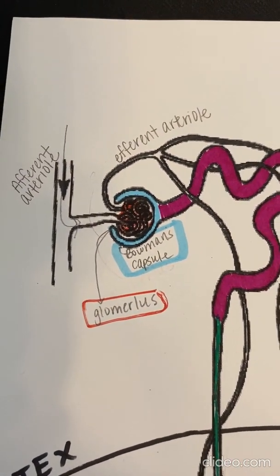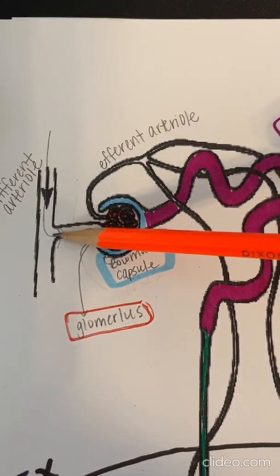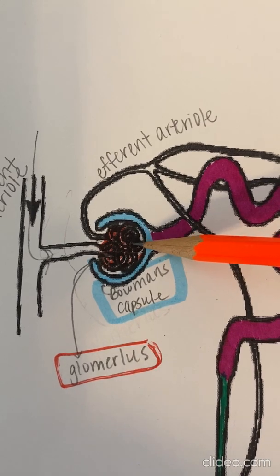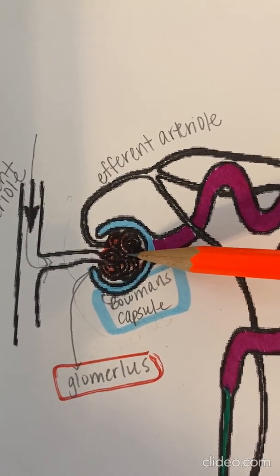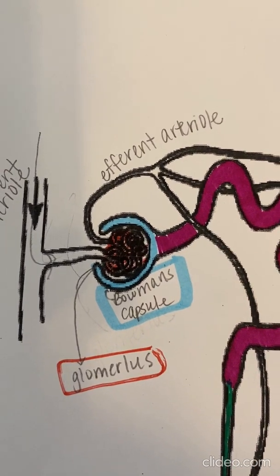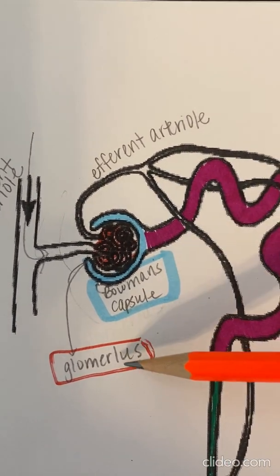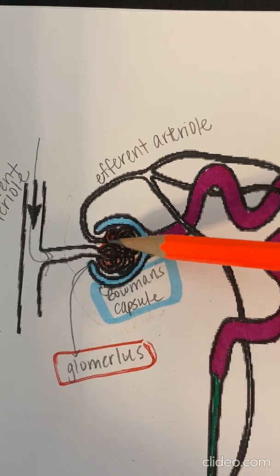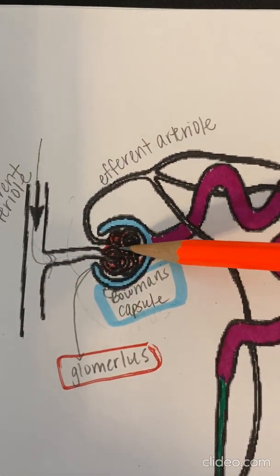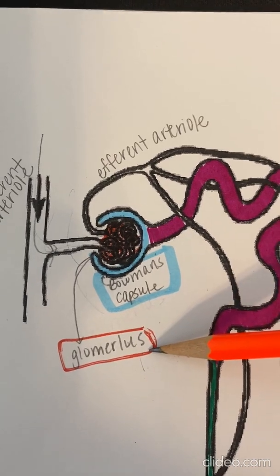It's the entryway for blood. That blood comes into what looks like a bunch of worms, but it's really a capillary network. This is called the glomerulus. The afferent arteriole is where the blood comes into the glomerulus, and I colored that red.